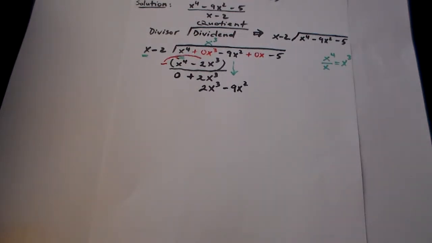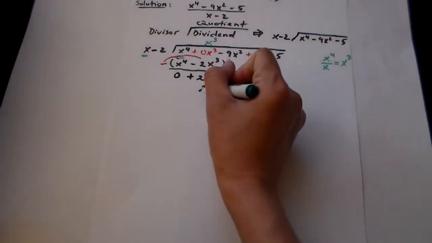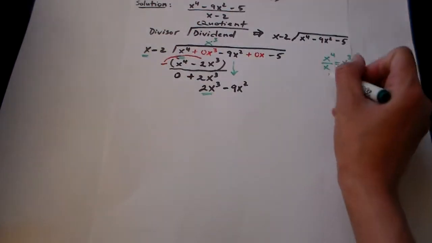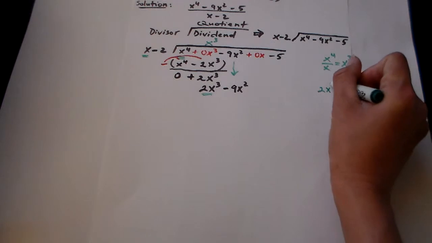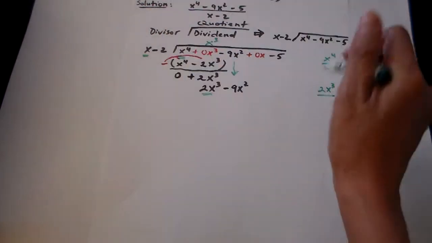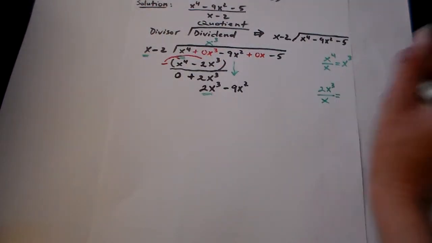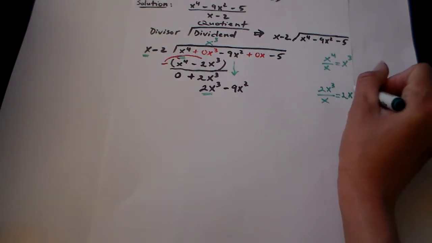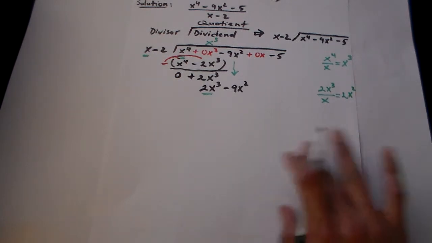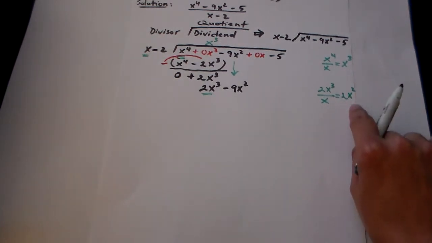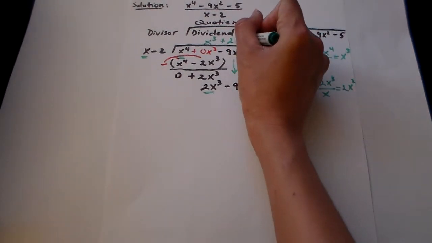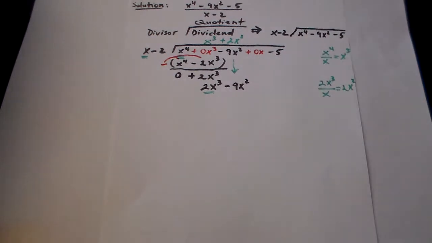You take the first terms on the right, divide by the first term in the divisor, so 2x to the third, divide by x. So simplify, x to the third divided by x is 2x squared. Put it on top, you would have plus 2x squared.